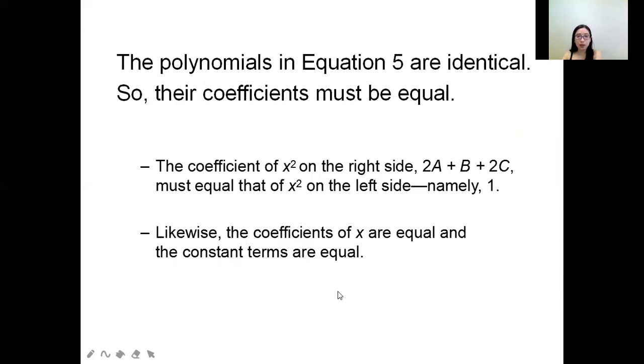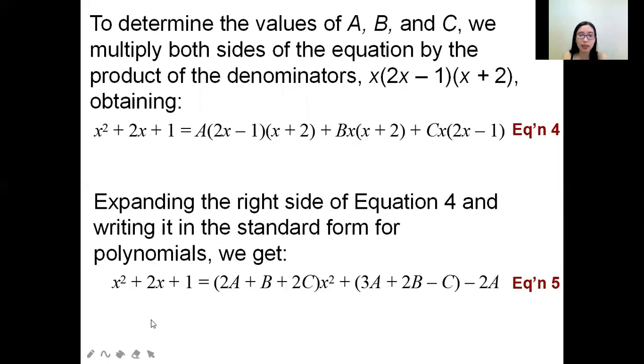Okay, so the polynomials in equation 5 are identical, so their coefficients must be equal. So the coefficient of x squared should be equal to the coefficient of this one. Then this one should also be equal to, sorry, wait a moment.